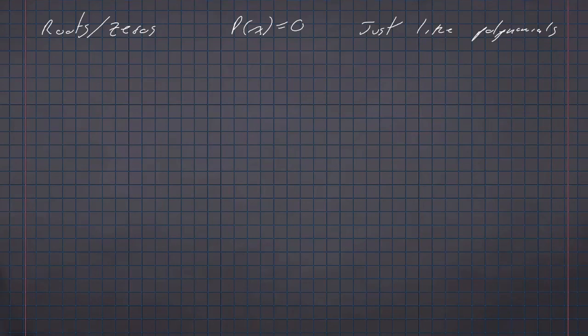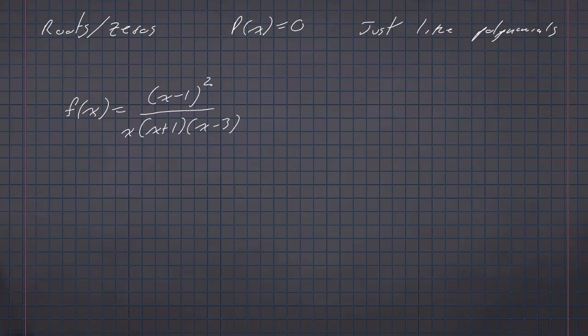So if I have f of x is (x minus 1) squared over x times (x plus 1) times (x minus 3).